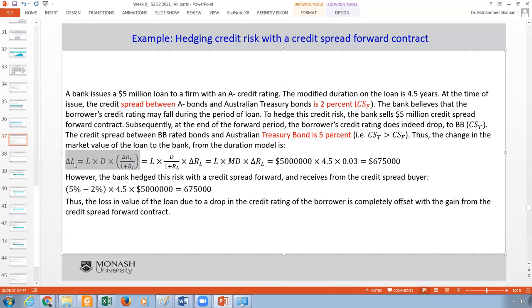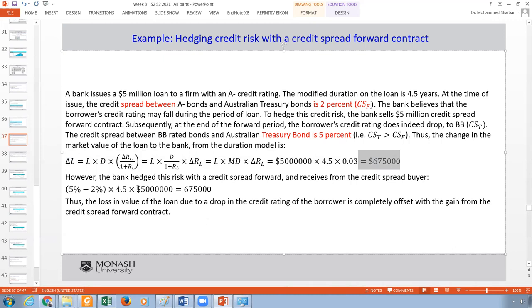We have the change in the value of the loan based on the change in the interest rate, which is the spread, the rating, because now you are discounting based on the new rate. Because the spread was less when it is A, now when it is BBB, the spread is higher, which means the change in R has increased, and therefore the value of the loan, according to the duration model, has dropped by 675.